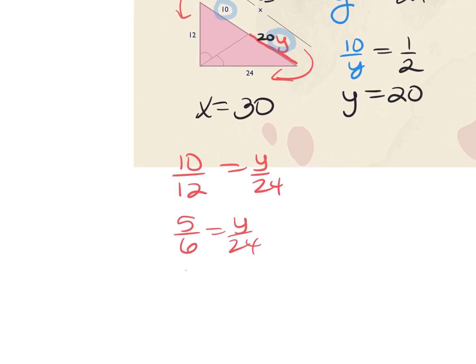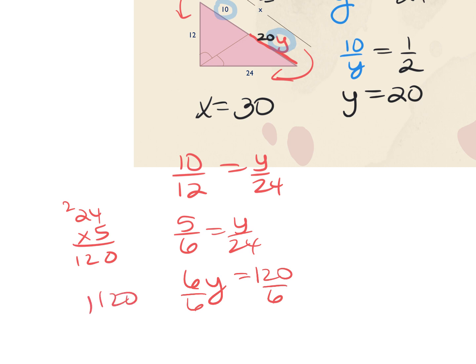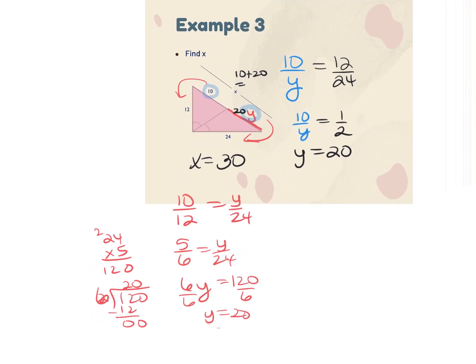If you do it this way the numbers are not as nice. So if you multiply this, I get 120 divide by 6. And I get y equals 20 this way as well. So either way, you can set these up. Just find the consistent method that you want to use for each one.